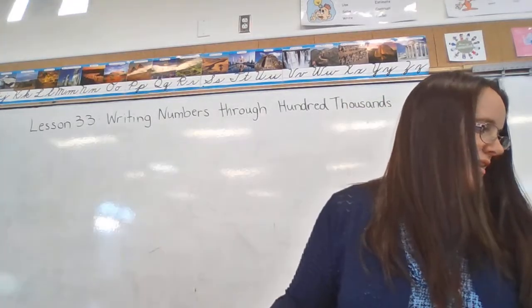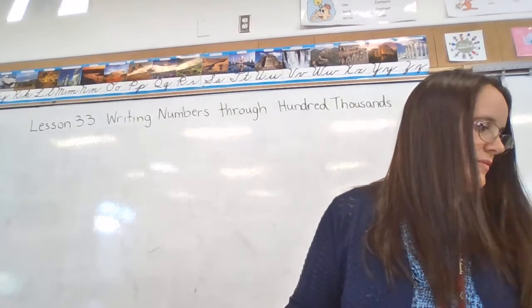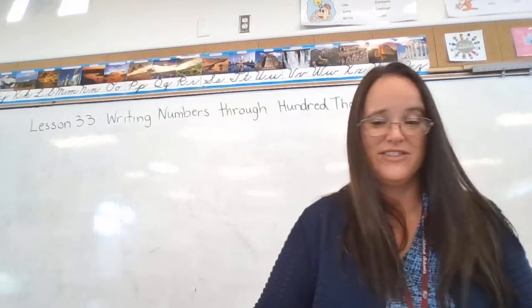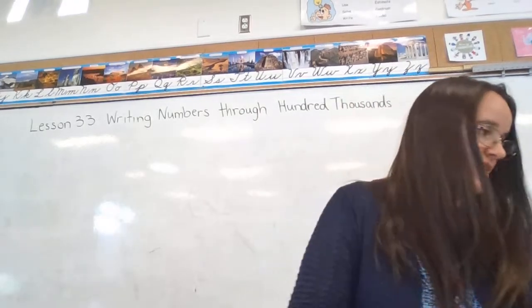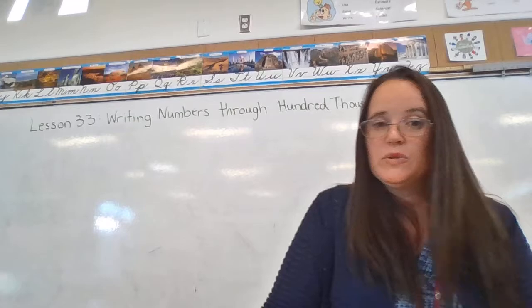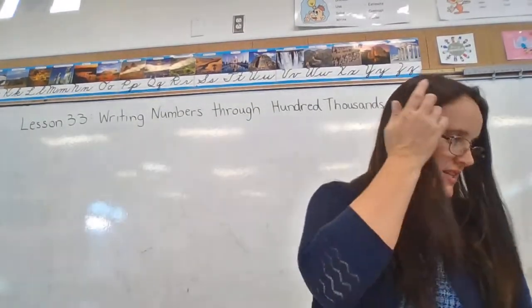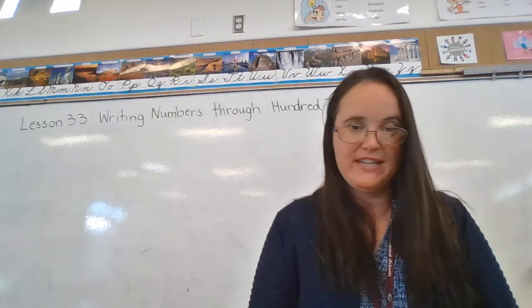Okay. I think I said that was the last one, but I was wrong. I just turned the page and we have one more example. There's a lot of different problems that we can do with this skill. So this says use digits to write 895,270.